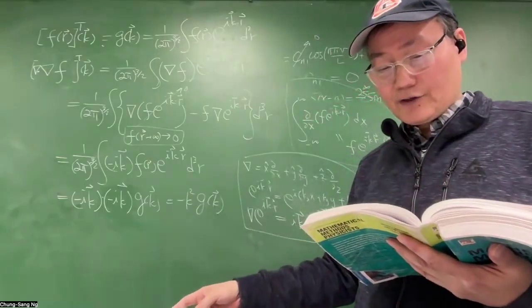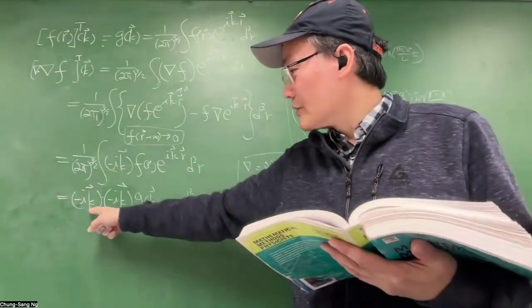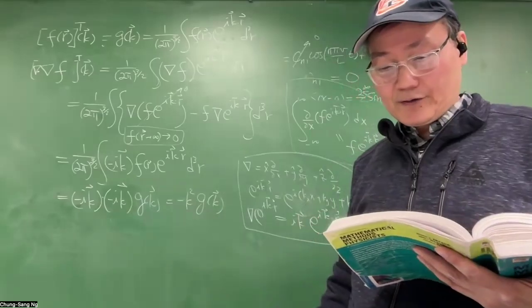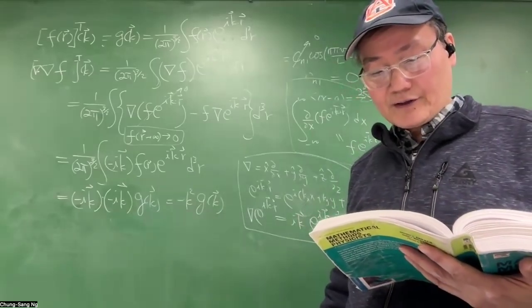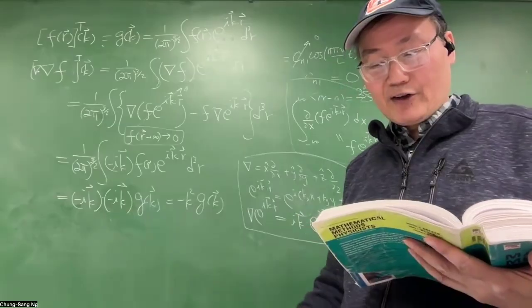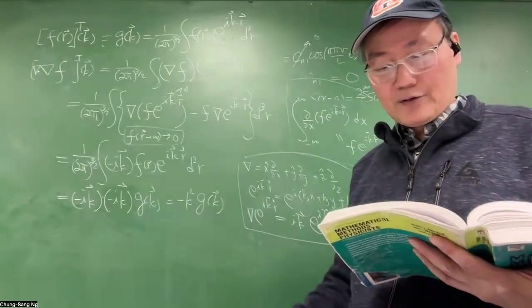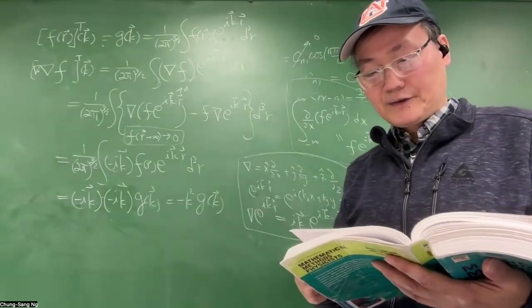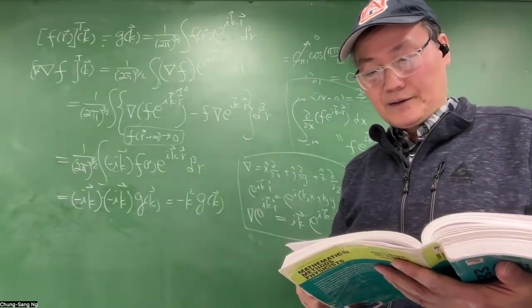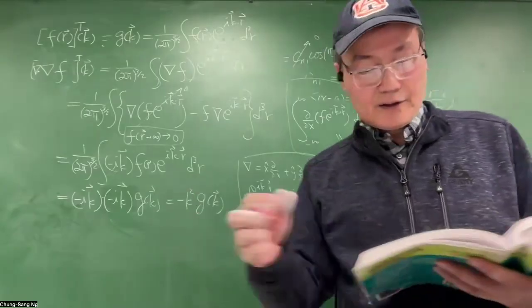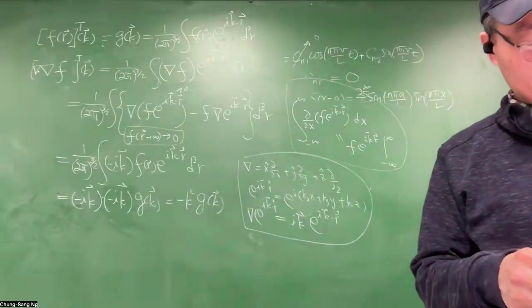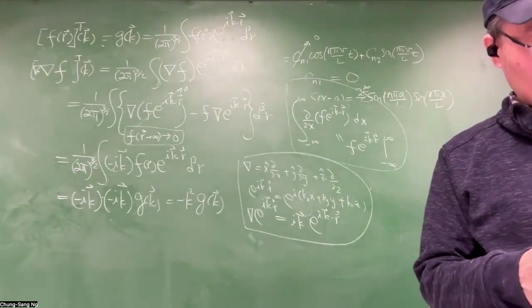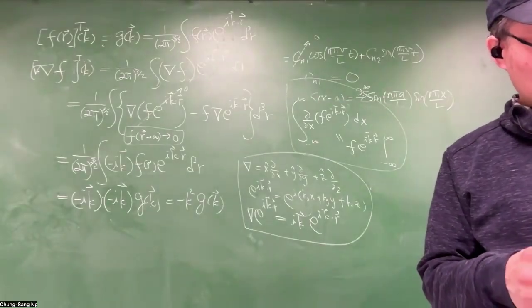If you have the n-th derivative, instead of k squared you get the n factor. So that's 20.55 and 56. It's the same, except in 1D, the text would like to use omega instead of k. It doesn't matter. So that's all those properties.